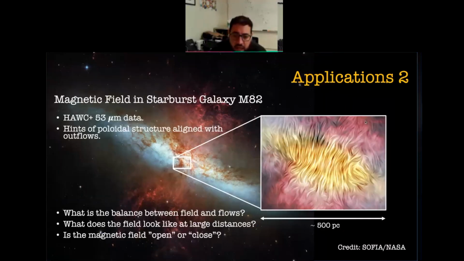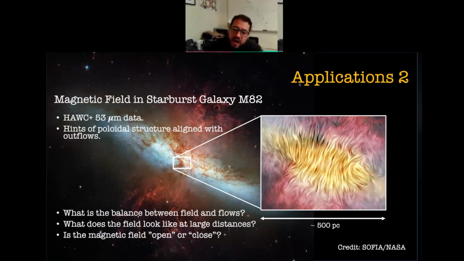Now, one of the things that I like about using the DCF method with the dispersion analysis is that it doesn't have to stop when you calculate a strength of magnetic field. A good example is the magnetic field in the starburst galaxy M82.